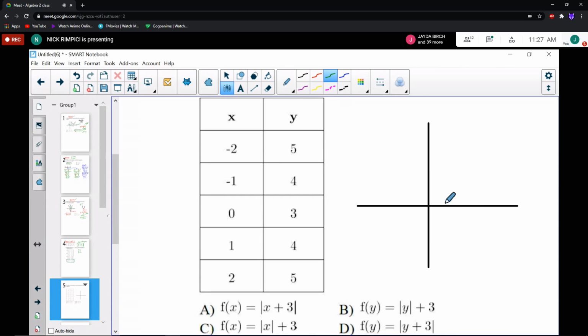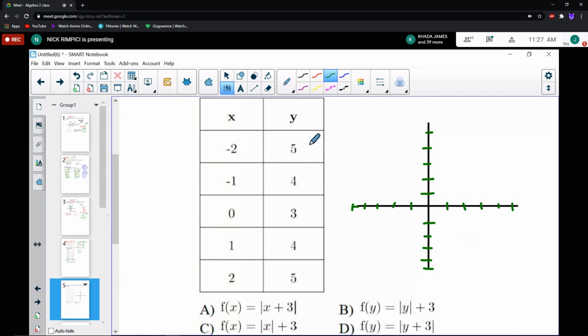So let me just grid this out. 1, 2, 3, 4, 5, -1, -2, -3, -4, -5 on each axis. Sorry, it's not to scale.